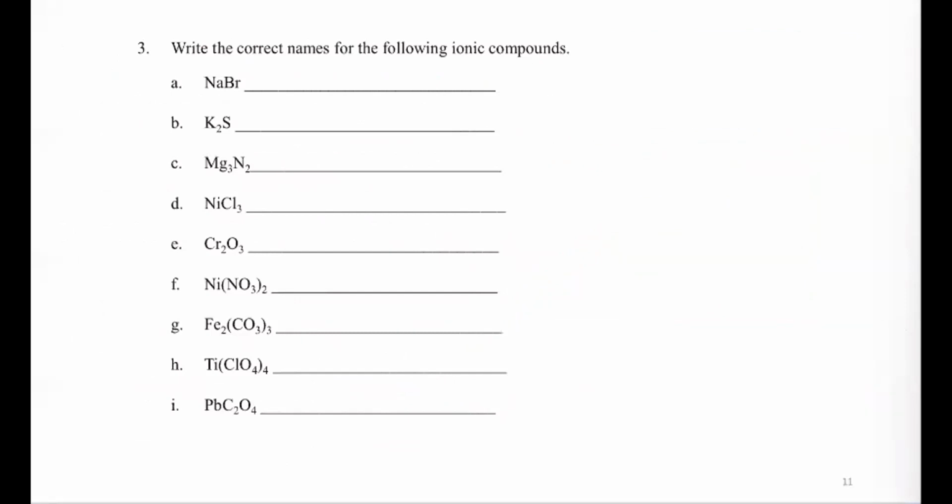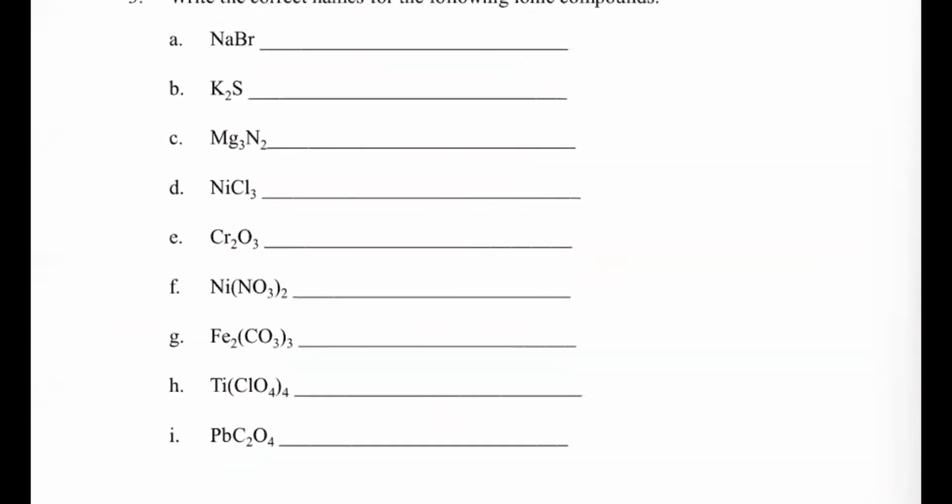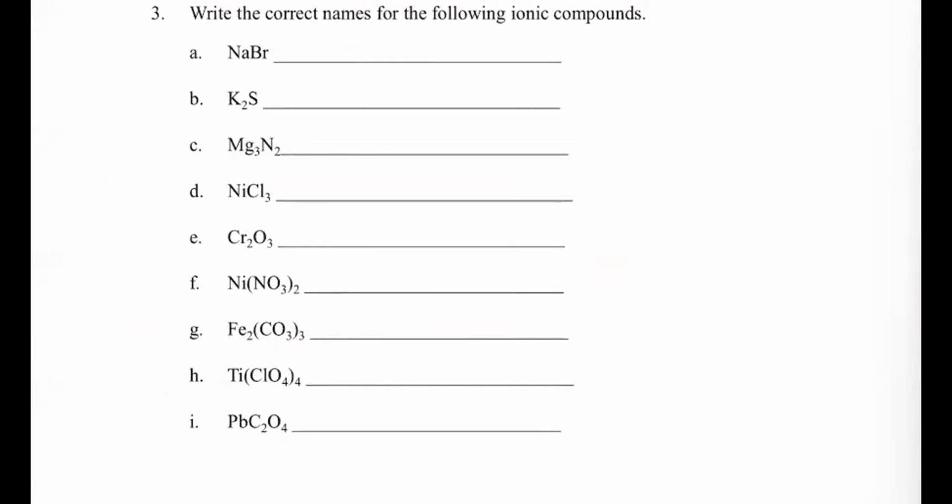As you can see here, we have a list specifically of ionic compounds, okay? Let's go through at least a couple of these, and I will go through the process of how to do these. So again, remember the rules I just mentioned before.